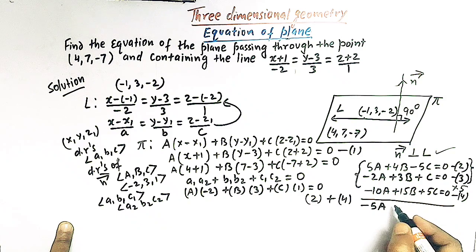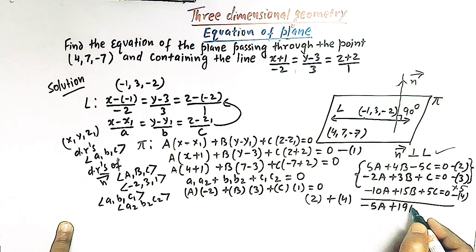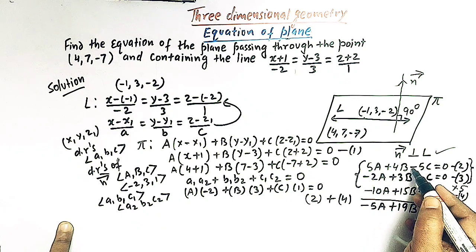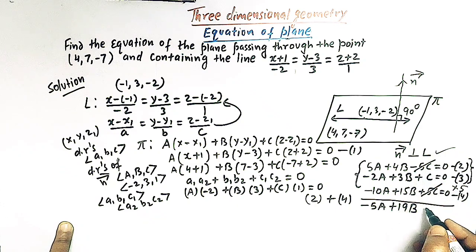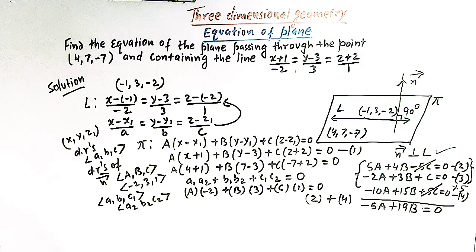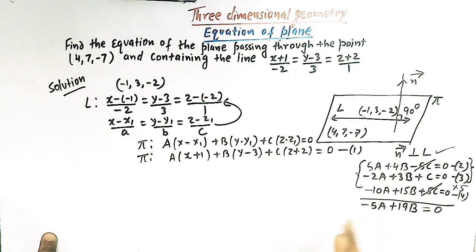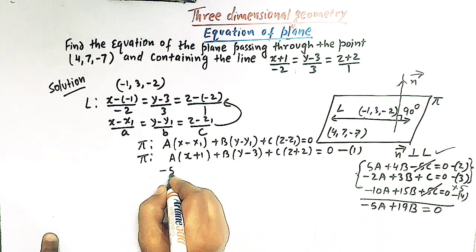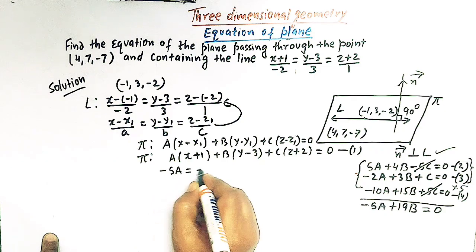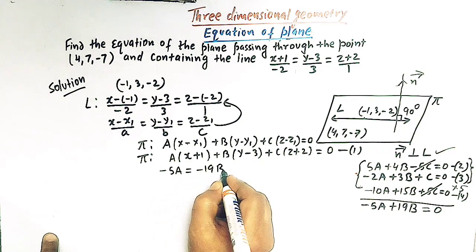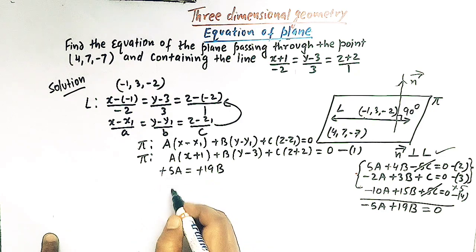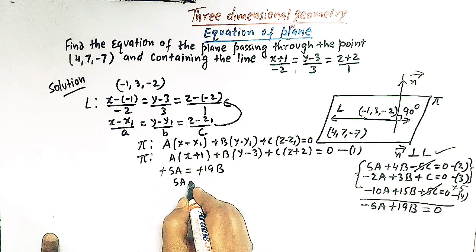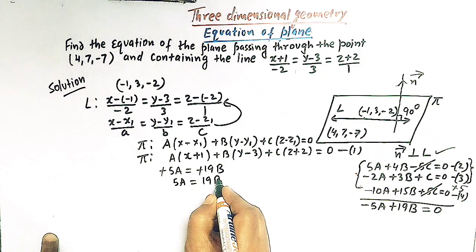So 4 plus 15 is 19b, and here minus 5c and plus 5c, so these two get cancelled, and this is equal to 0. So now we can write minus 5a is equal to minus 19b. Now negative and negative here get cancelled, and we have 5a is equal to 19b.